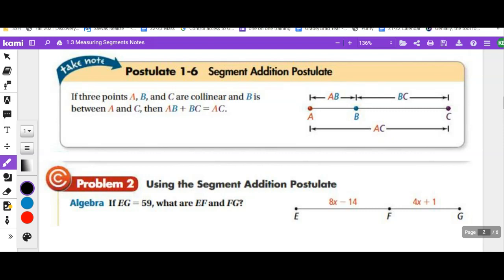So what we're doing is just adding up these little parts. So if this is 5 and this is 10, then the whole thing is 15.